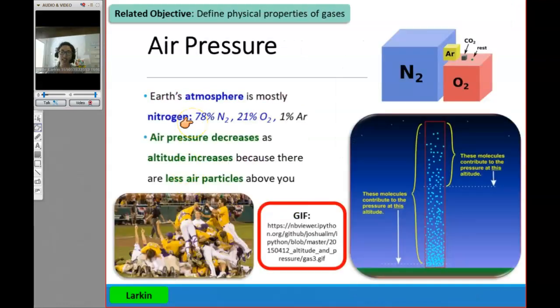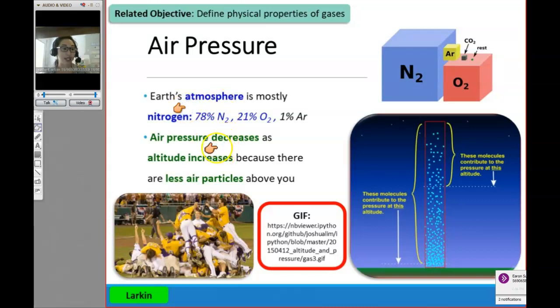Okay? Now, let's go ahead and relate this to a real life scenario, which is the Earth. So the air that you're breathing in, a lot of us think that, oh, we're breathing in oxygen, which is true, but most of the air you're breathing in is air that you don't actually use, and that is nitrogen.